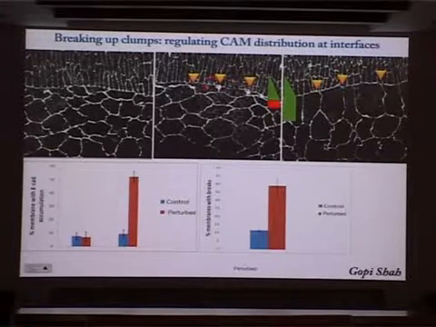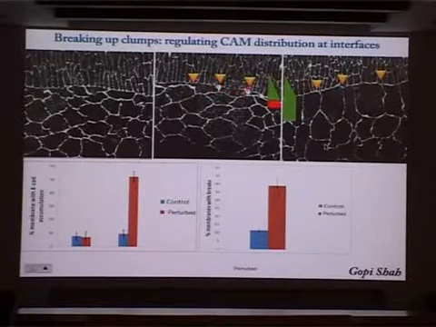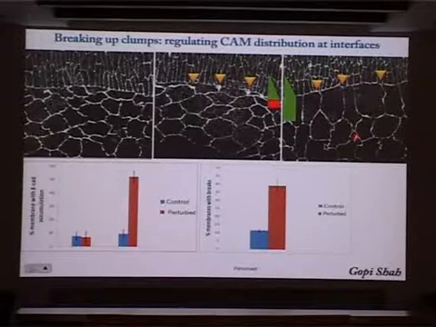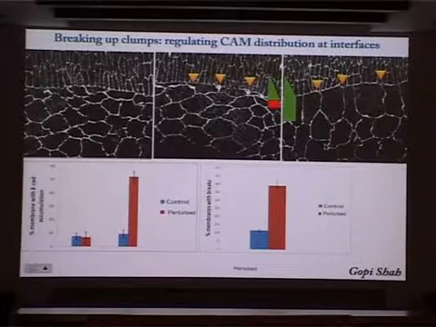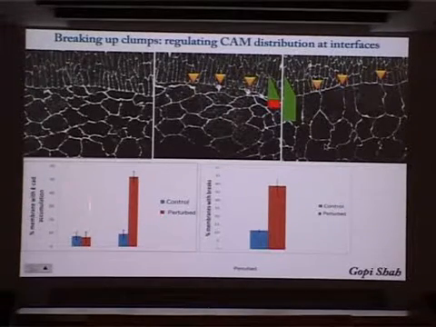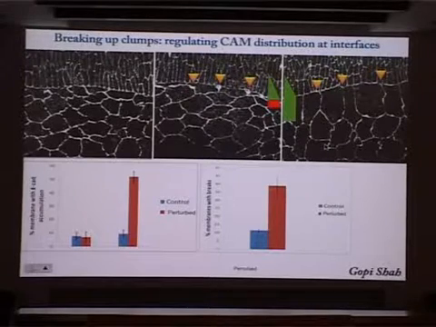In one case, it looks as if you're forming new clumps. In the other case, it looks as if you're breaking the continuity of the distribution. And so one can quantify this in different ways and show that in both these cases it's significant.